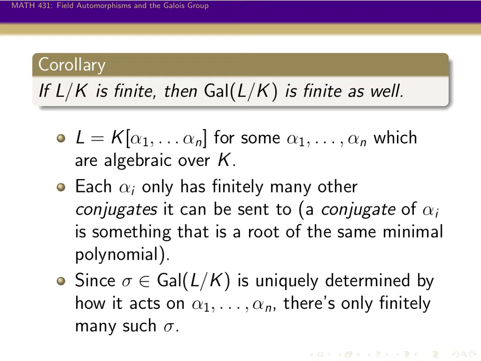You think about how many choices alpha 1 has to go, how many places alpha 2 possibly has to go. You find out that there's only finitely many total possible such sigma. Okay, and so we only have finitely many such sigma.